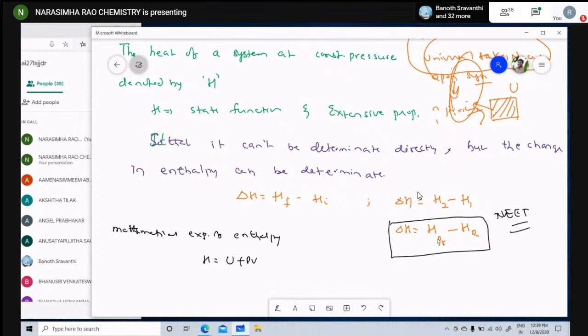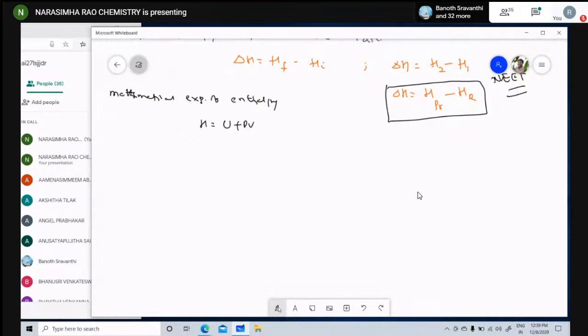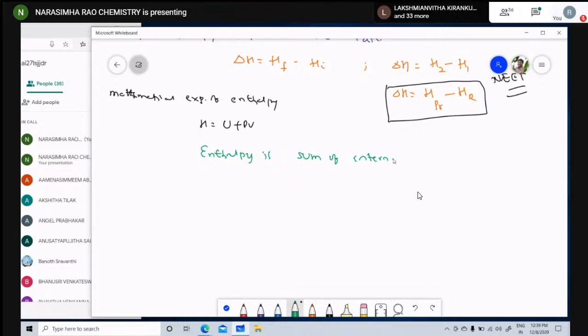Based on this expression, we may frame the definition: enthalpy is the sum of internal energy and the product of pressure and volume. That is called enthalpy.